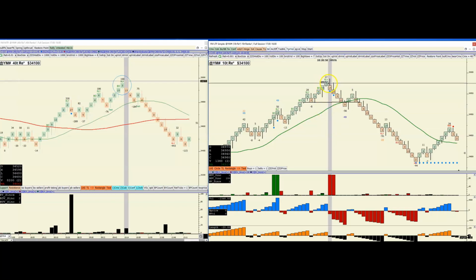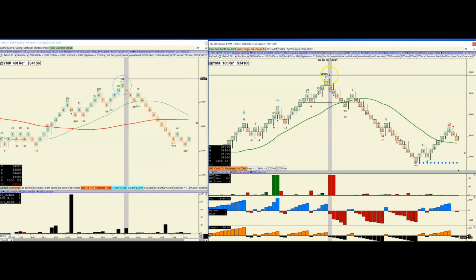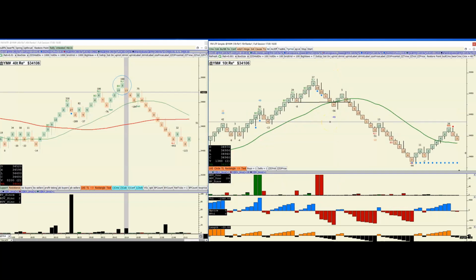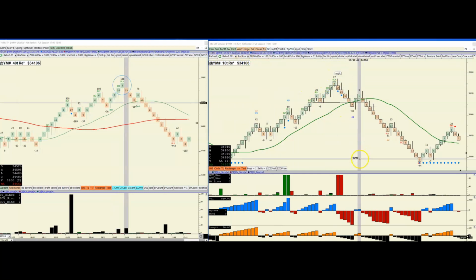Well, we see right at the high, look at the volumes. They're absurd. An absurd amount of volume right at the high. So what is that telling you? Well, it's telling you that this is volume at the top. Volume at the top. Smart money makes highs and lows.